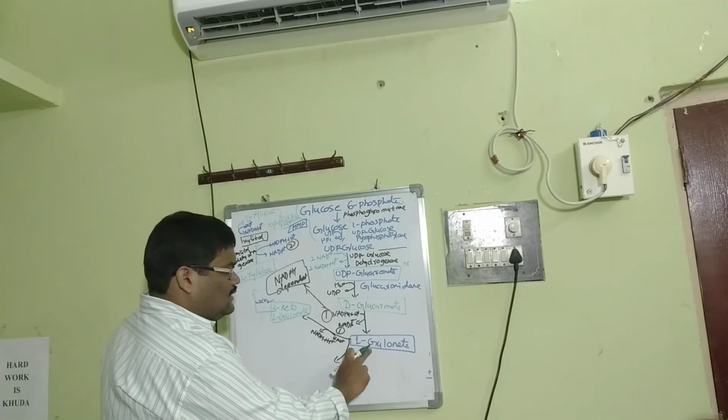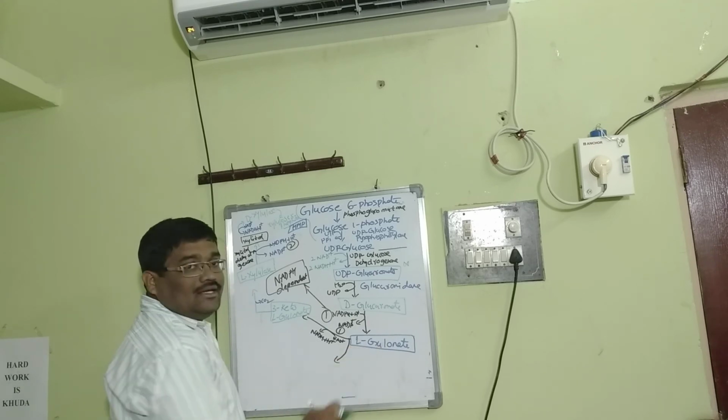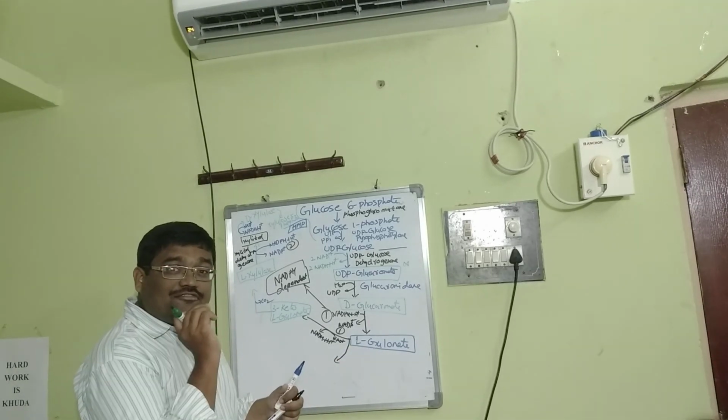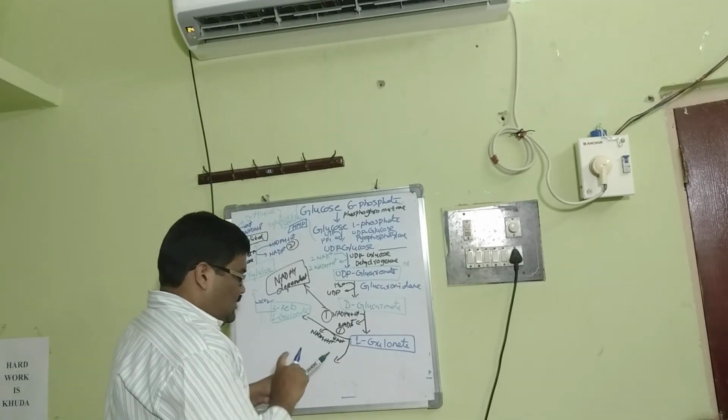Then here, L-gulonate is a precursor for ascorbic acid. How?